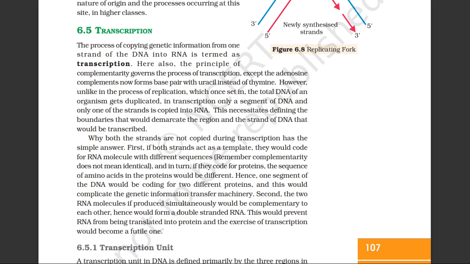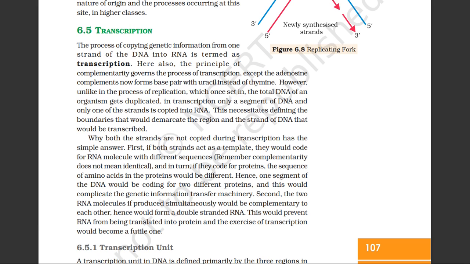Why both the strands are not copied during transcription has a simple answer. First, if both strands act as a template, they would code for RNA molecules with different sequences. Remember, complementarity does not mean identical, and in turn, if they code for proteins, the sequence of amino acids in the proteins would be different.